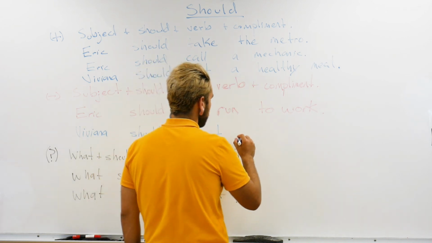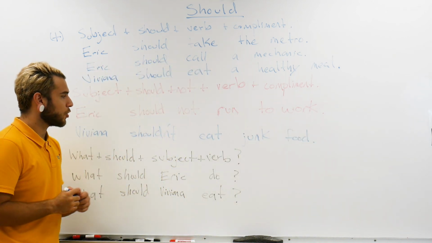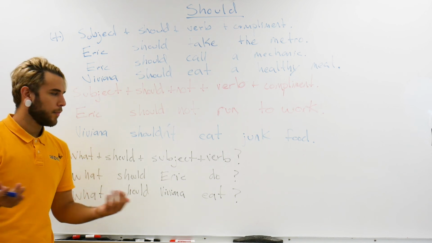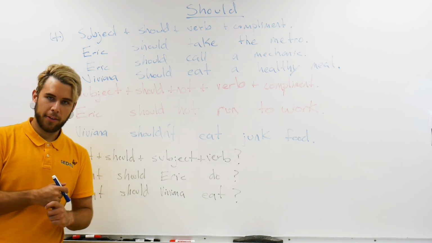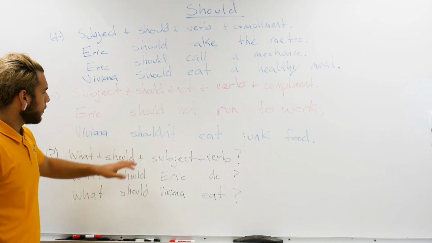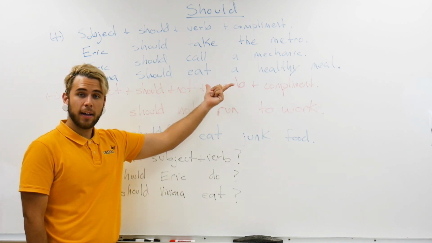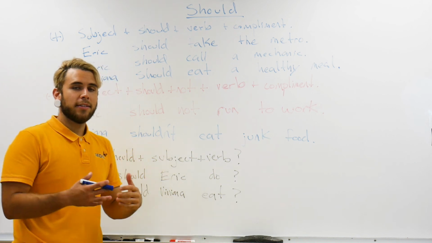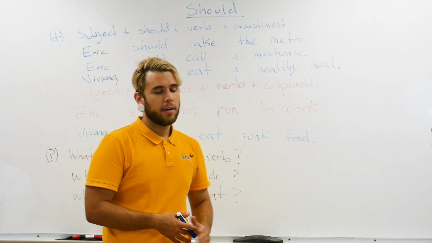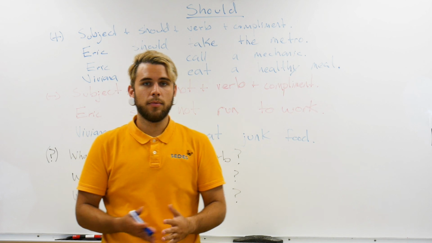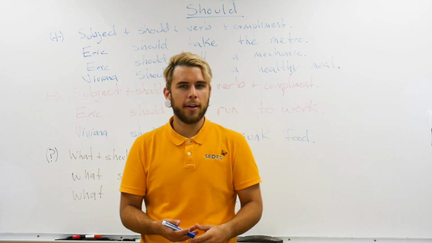Viviana shouldn't or should not eat junk food or snack food or unhealthy foods. She could not follow this advice, that is an option, but that's your advice to her to do or not do. It's not required for her to eat that.